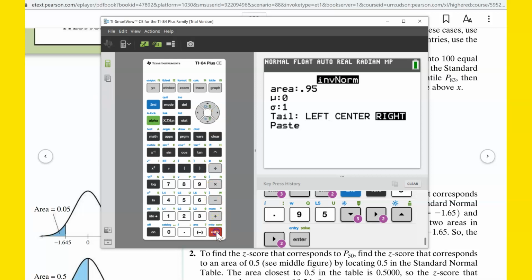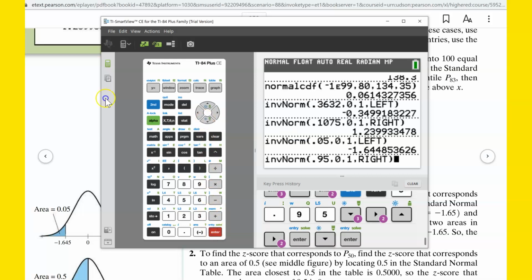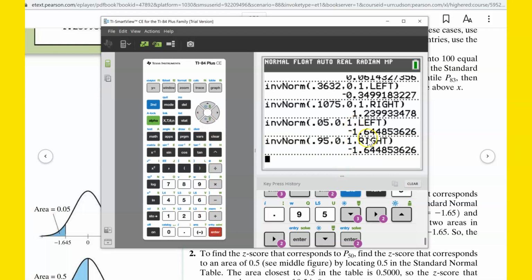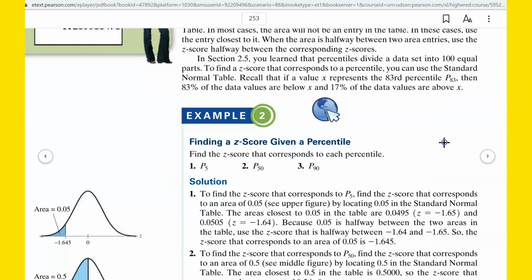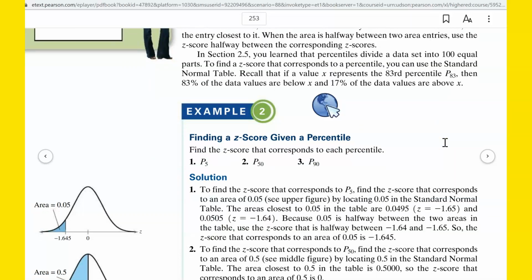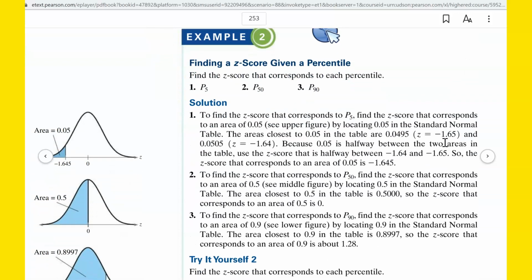We should get the exact same answer. So we can do this one with a right tail, and we do get the exact same answer. So I hope that gives you a feel for what is going on here in the calculator and the left and right tails and all that kind of stuff.